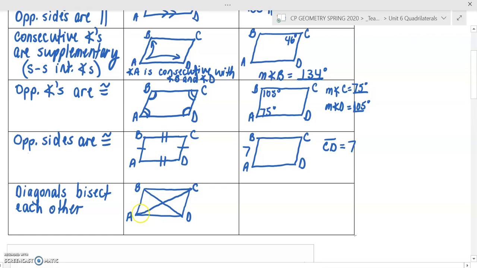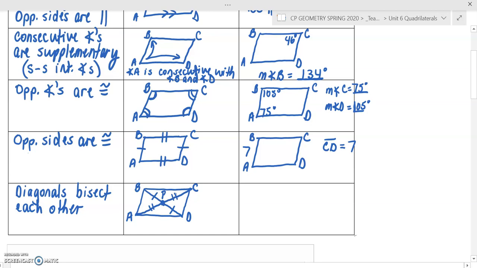So diagonal AC is going to bisect diagonal BD. So it's going to split BD into 2 equal parts. And diagonal BD is going to bisect diagonal AC, so it's going to split diagonal AC into 2 equal parts. I'm going to call the point where the diagonals intersect point P.